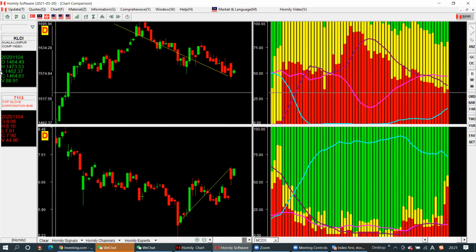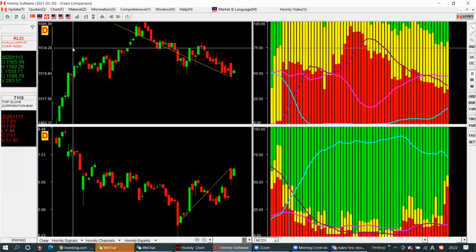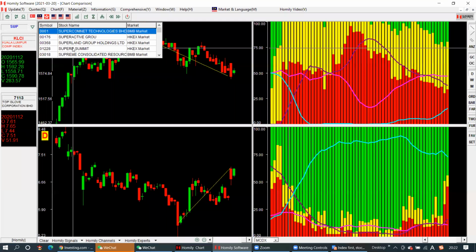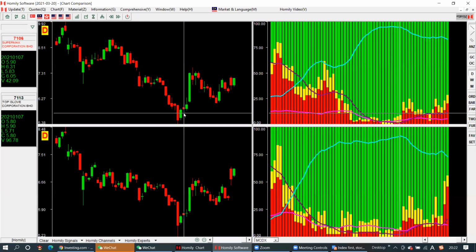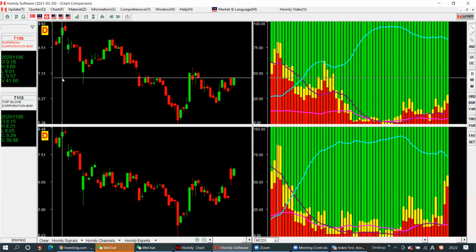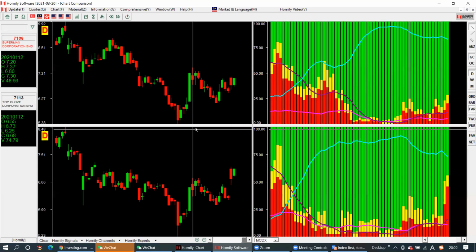And also this is another function, and you can also try to compare within the same sector. I mean I want to compare the top growth and the supermax. So here you can see their share patterns are always quite similar.